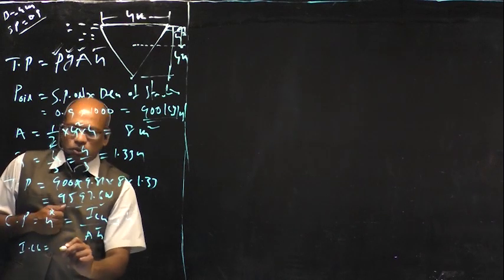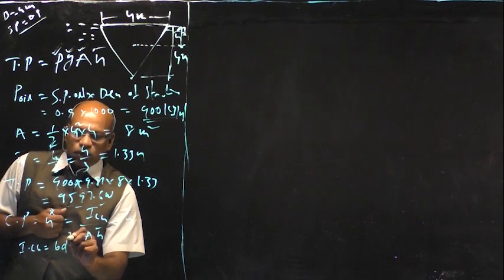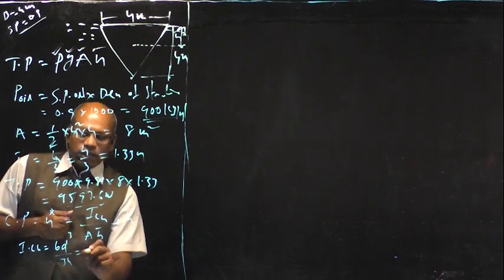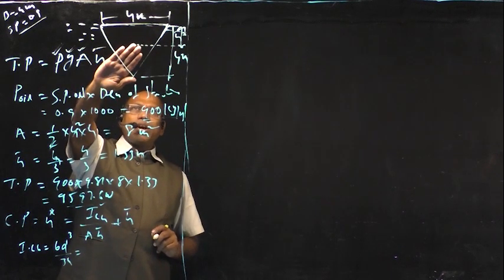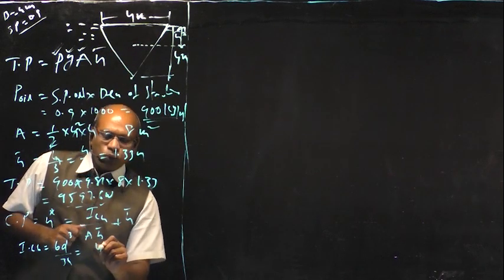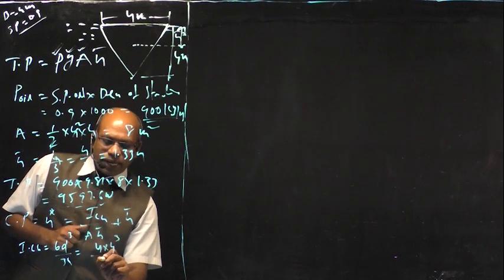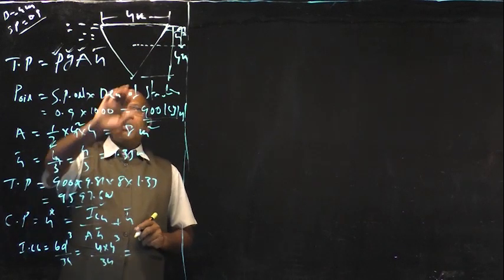ICG is equal to B D cube by 36, because this is the triangle moment of inertia about the centroid.